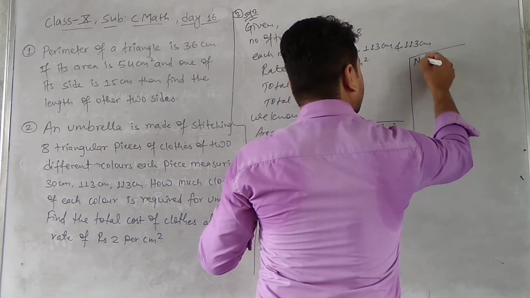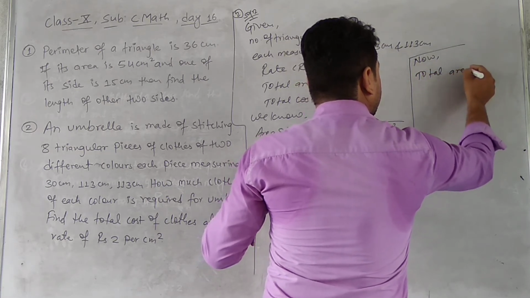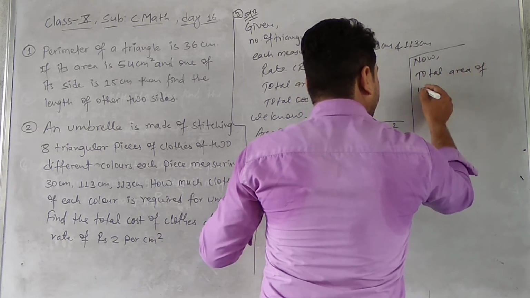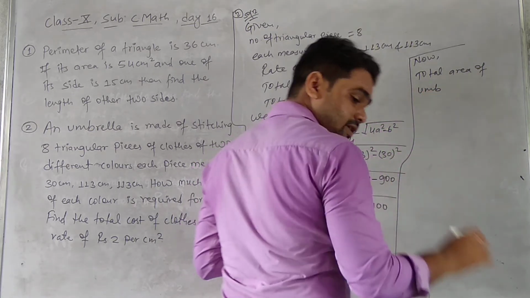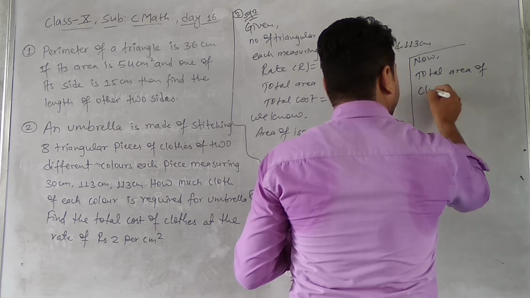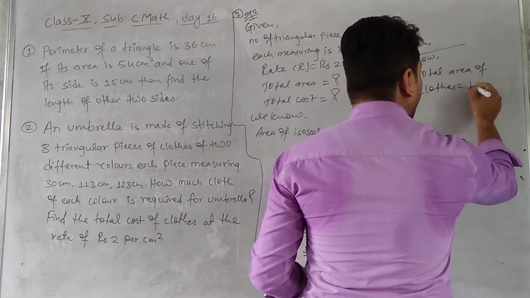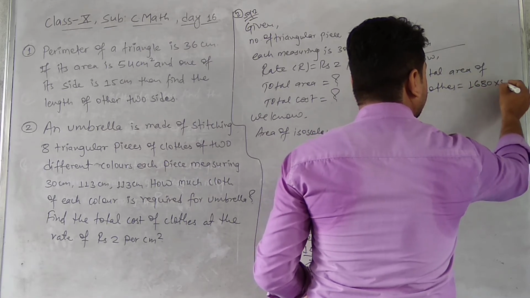now the total area of cloth equals 1680 into 8.